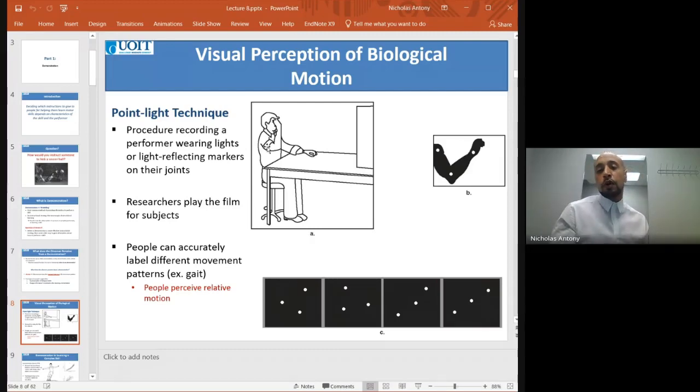If you show the participants the movement of the dots, like the stick figures from the animation, humans will be able to perceive biological motion from the movement of those dots. So you would see, this guy had to throw probably a piece of paper into a basket or something.